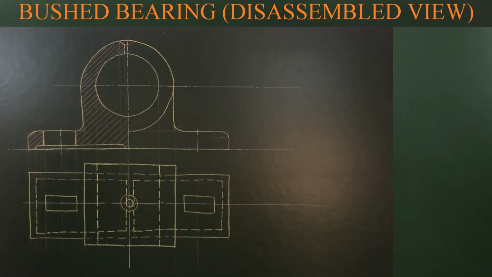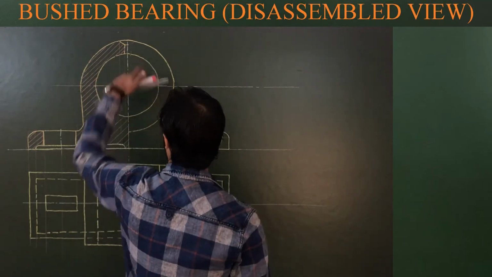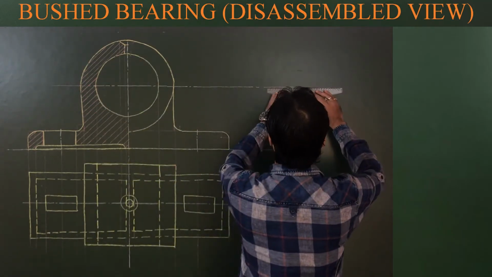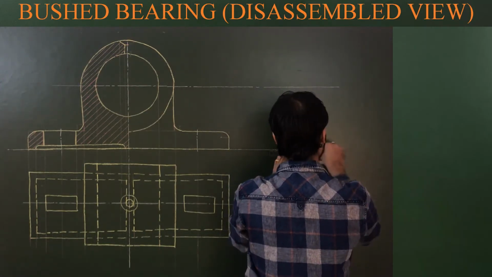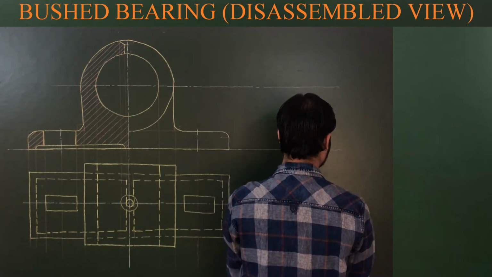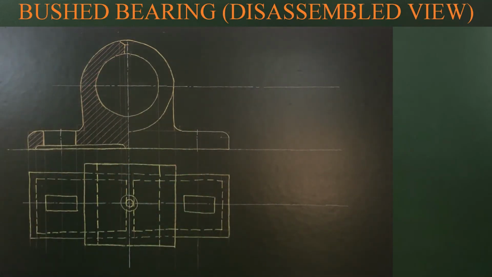So draw 2 concentric circles of dia, first equal to the internal dia of the body, and second the internal dia of the bush.